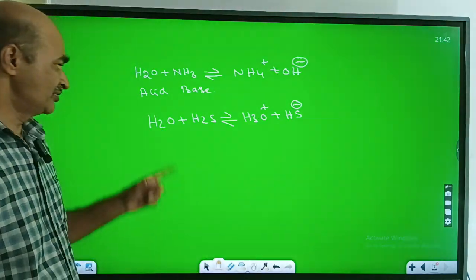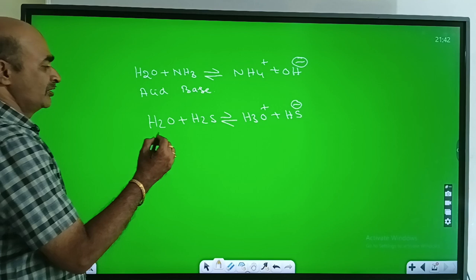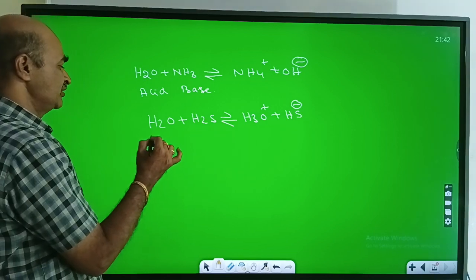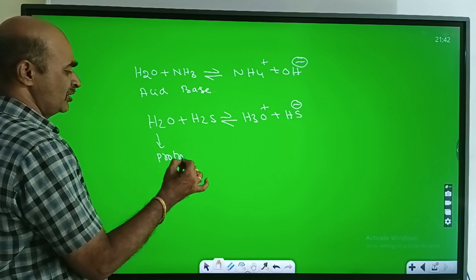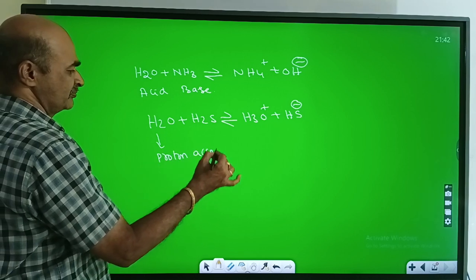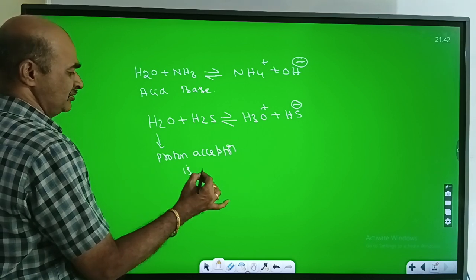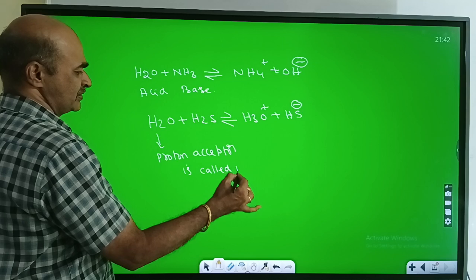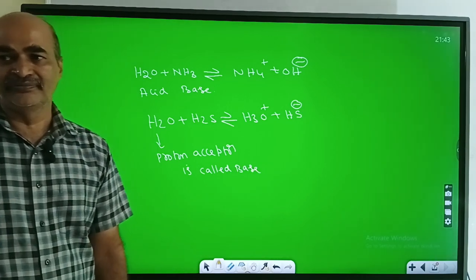In this reaction, H2O takes H plus ion. This is a proton acceptor here. So proton acceptor is called base.